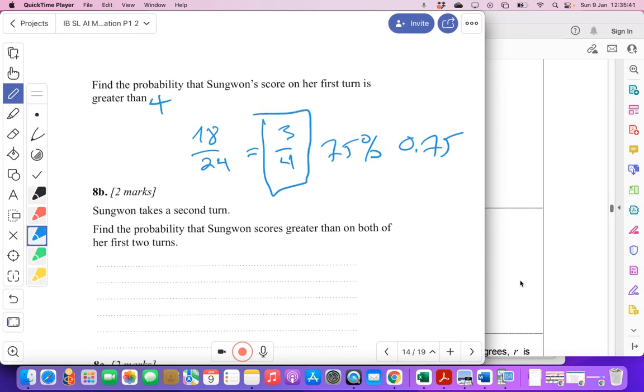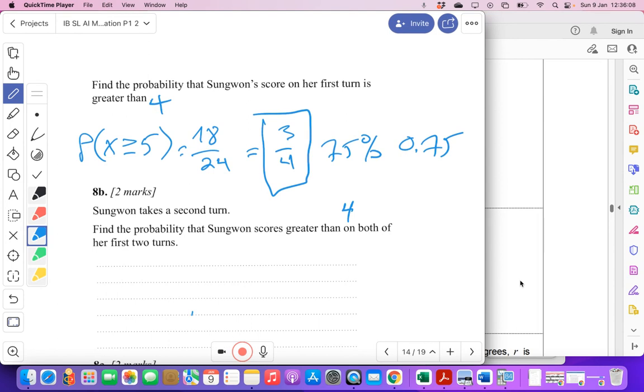Okay, so that's the probability of the outcome being greater than 4. Find the probability that Sung-Won scores greater than 4 on both of her first 2 turns.